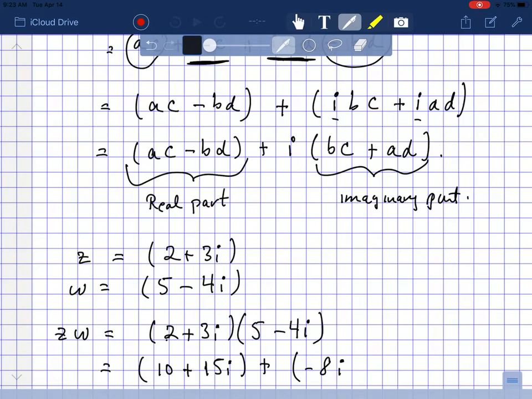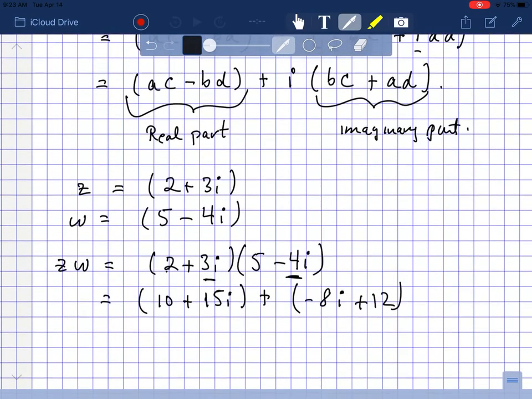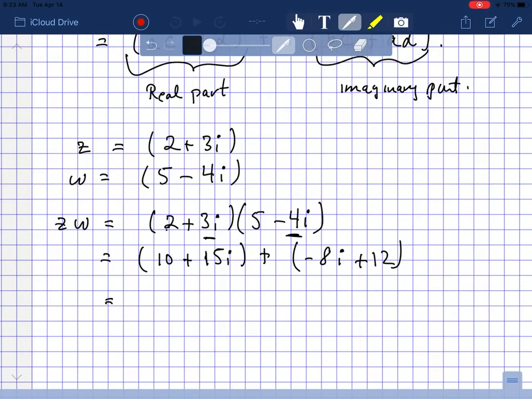So what do I have? 3i times negative 4i. So I have i times i, that gives me negative 1. And then I have 3 times negative 4, and that gives me negative 12. So I have negative 12 times negative 1, and that gives me plus 12. So then I'm going to collect common terms.